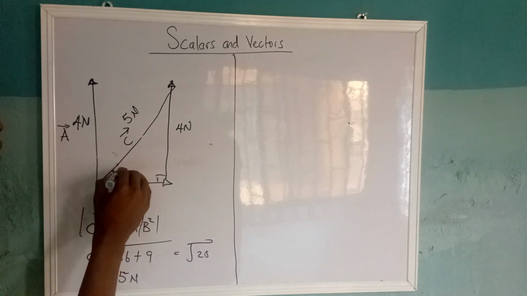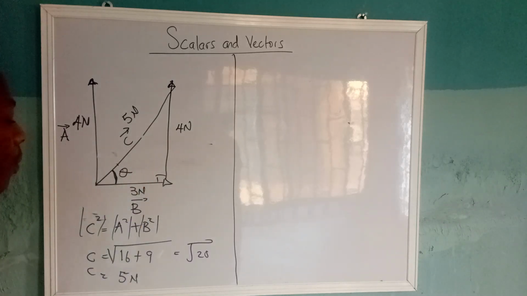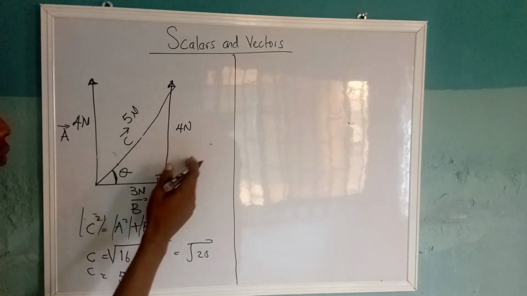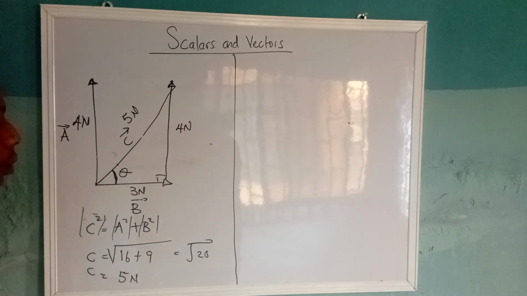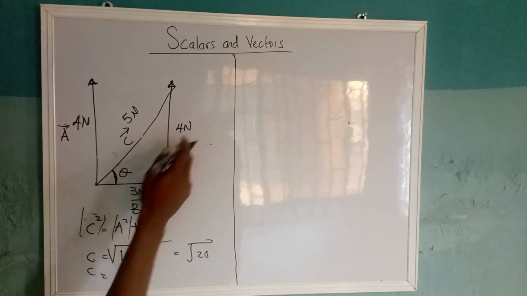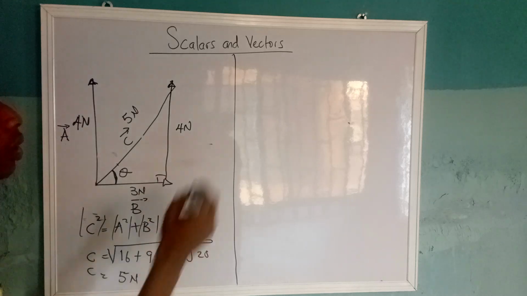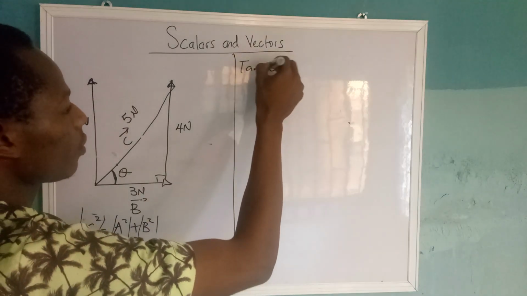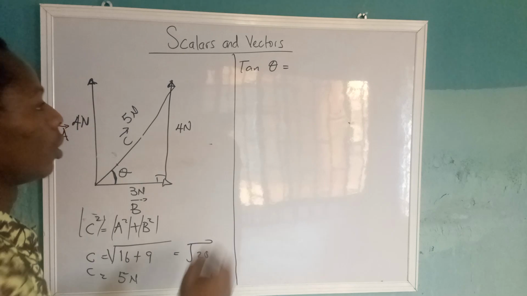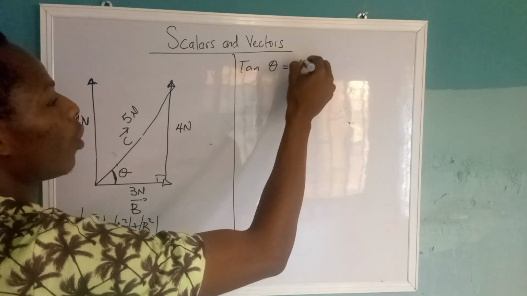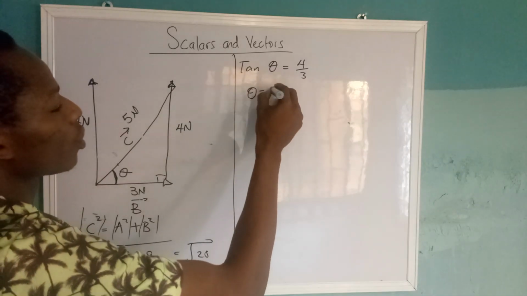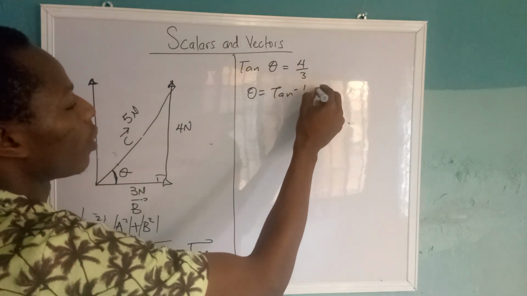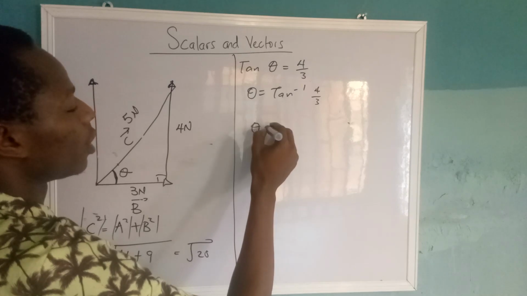So to get the direction theta, you can take any trigonometric function, any one. But let's take, what do we have here? Opposite, and this is adjacent. Let's take tan theta equals opposite over adjacent, which is 4/3. So theta will be equal to the tan inverse of 4/3, and then you get your theta.